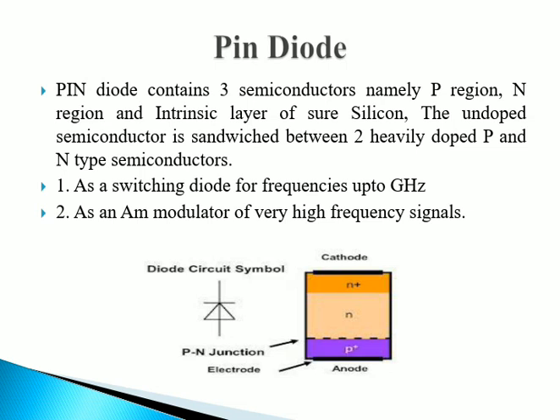In the PIN diode, the middle intrinsic layer will offer high resistance to the flow of electric current because it is not doped. In a PN diode, the resistance is high because of the larger depletion region.